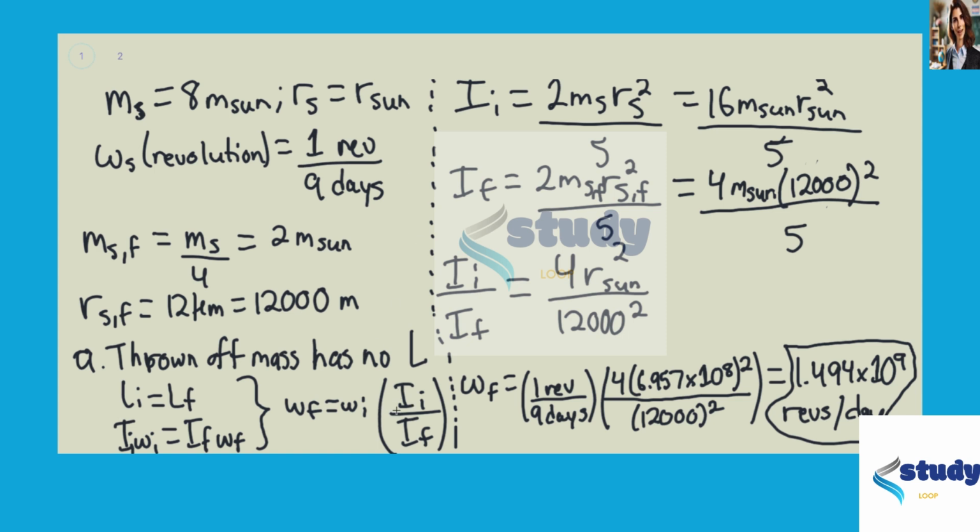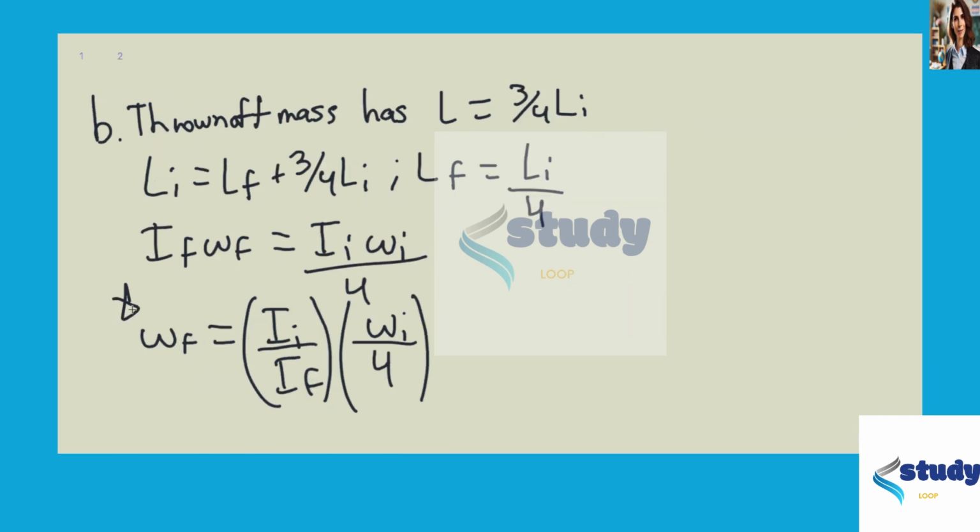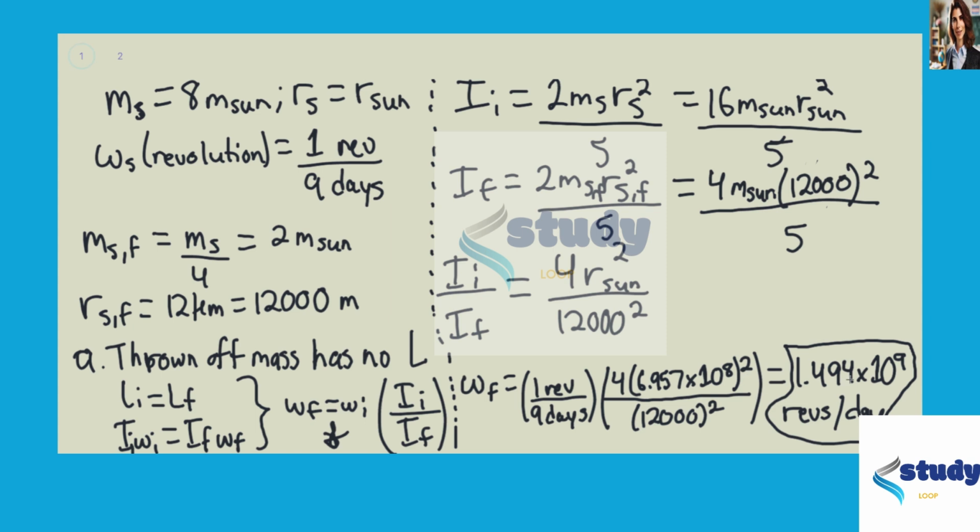Now, doesn't this look very similar to this? Yes, essentially, you're only adding a factor of 1 over 4. So this right here looks exactly like this, except that we have a 1 over 4 as the factor. So essentially, you can simply just take this divided by 4.